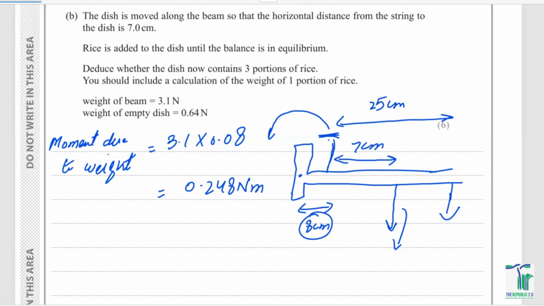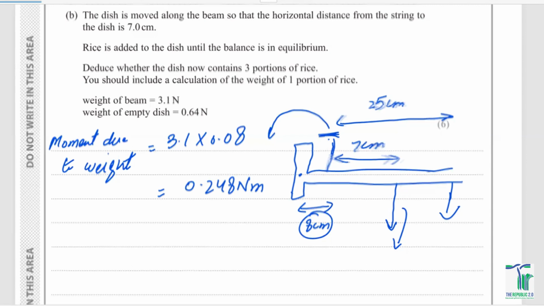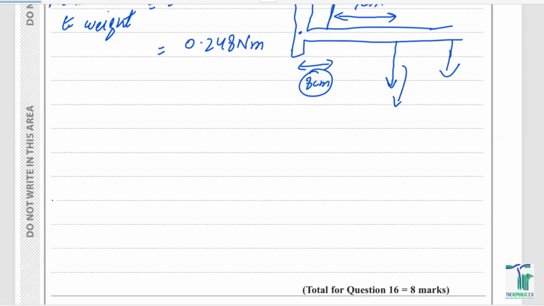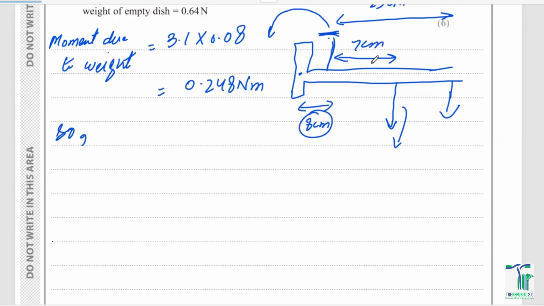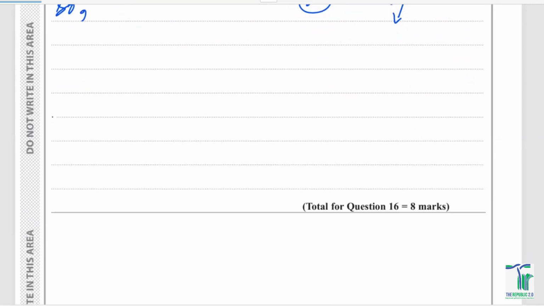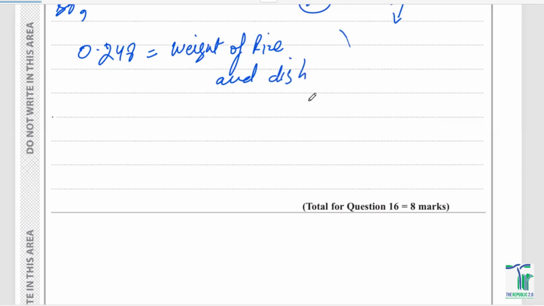Now if I need to calculate the total over here, I've got 0.248 as the moment. It must be the same over the other side as well. So 0.248 must be equal to weight of rice and dish times 0.25, which was the original moment arm.